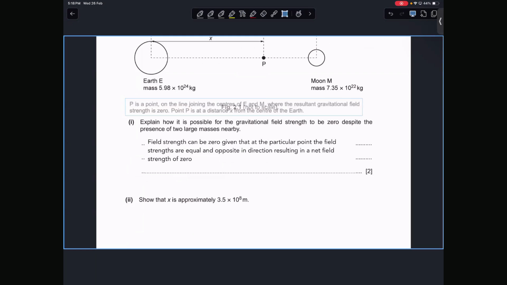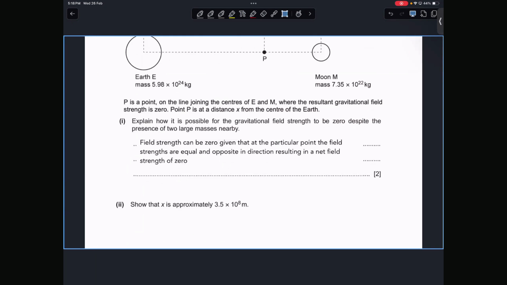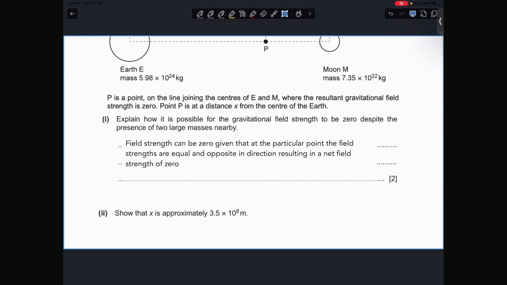If you want to assume things, why not just assume that p's value is something you have guessed? P is a point on a line joining the centers of E and M where the resultant gravitational field strength is 0. Okay, that was that statement.